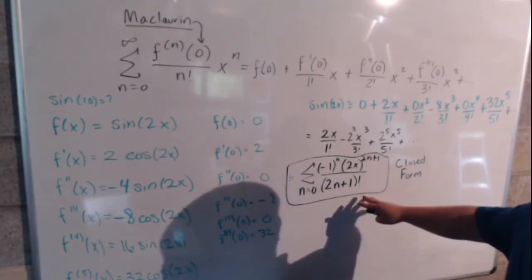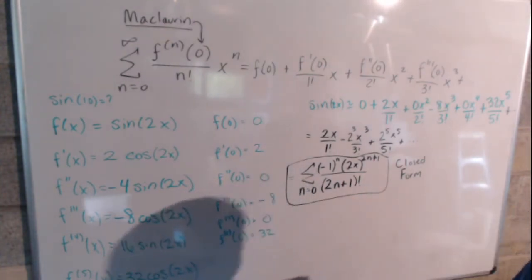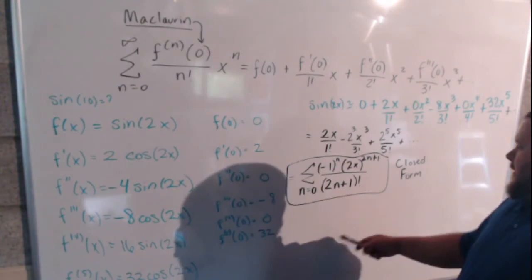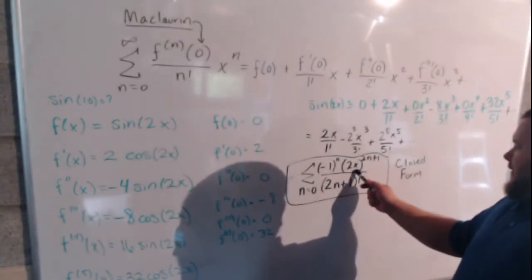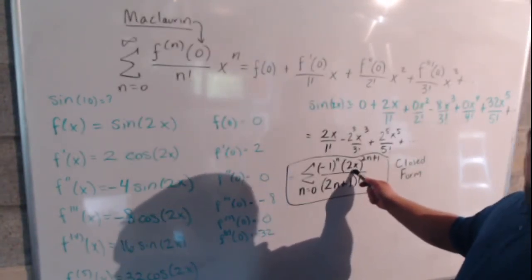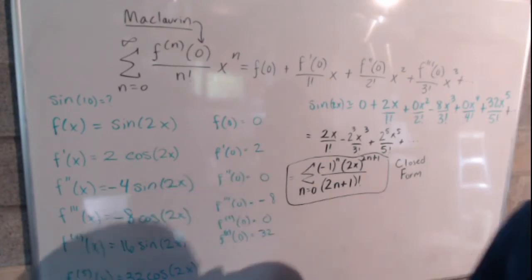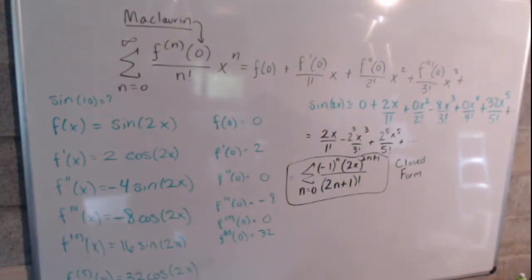And if I were to show you the power series for sine of x, it looks exactly like this, but instead of 2x plugged in, it's just got an x here. So that's yet another pattern that we can start to recognize.